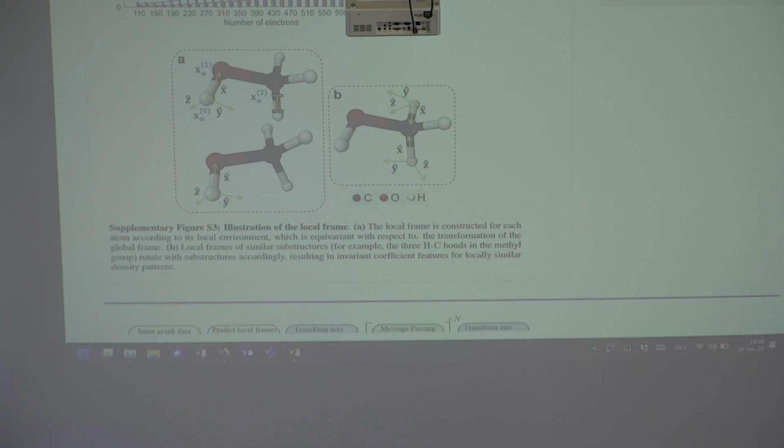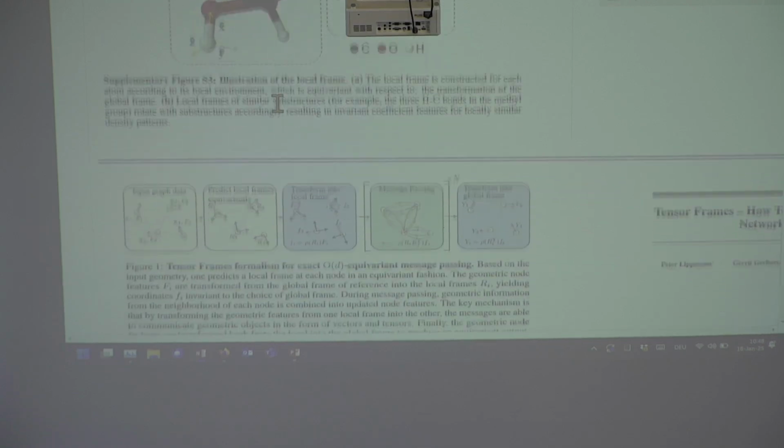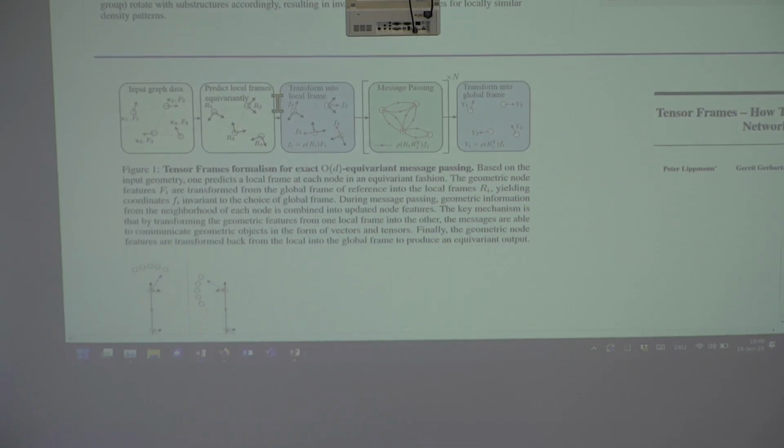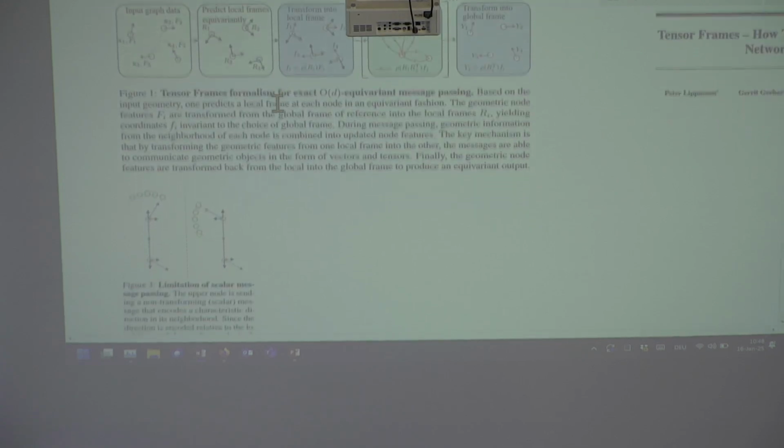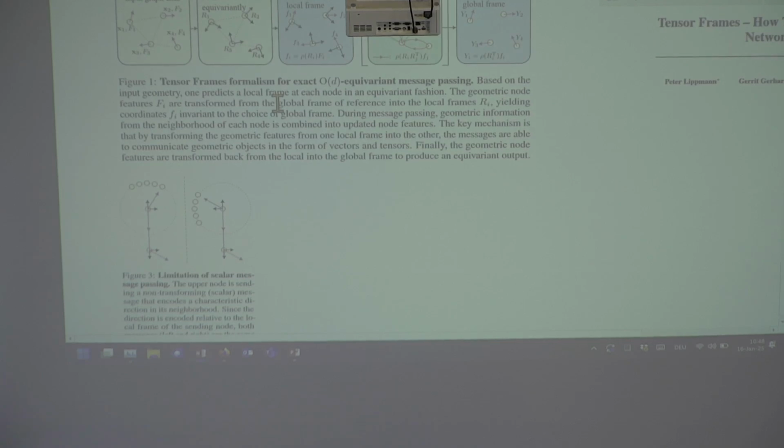And Peter and Gerrit generalized this, or showed how to send meaningful tensorial messages from one local frame to the other. And I would have liked to discuss it in more detail, but time is running out on me. So I will close by trying to answer the exam questions.